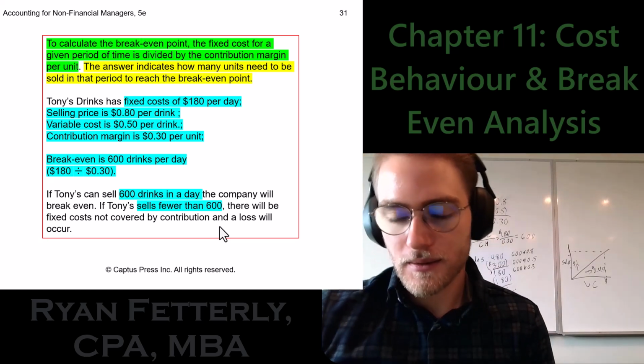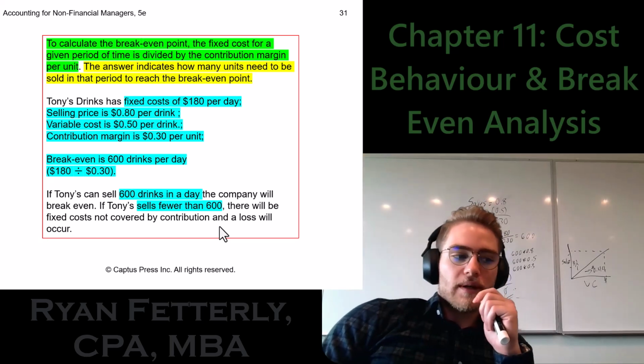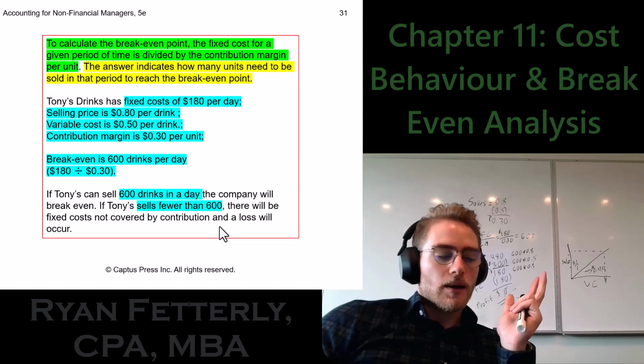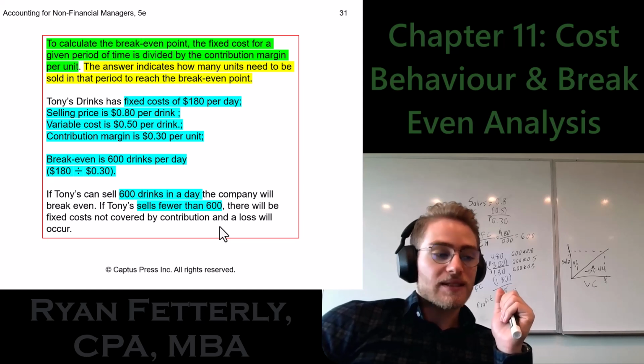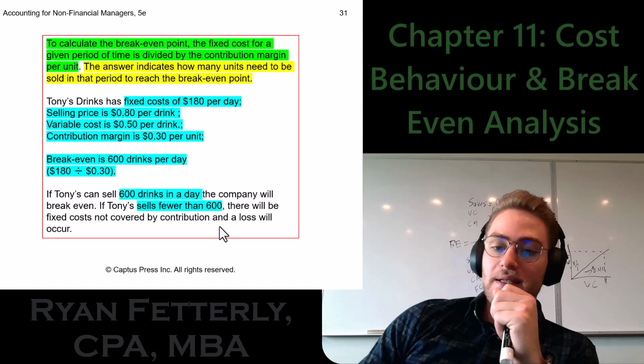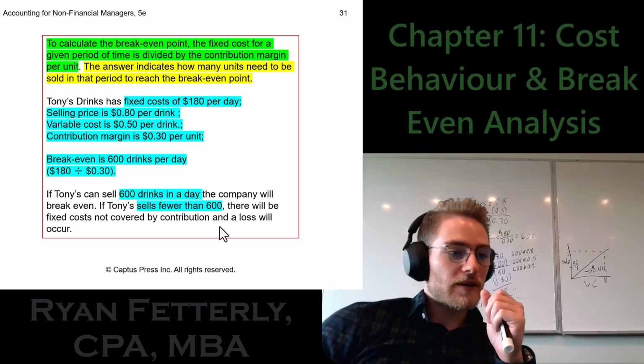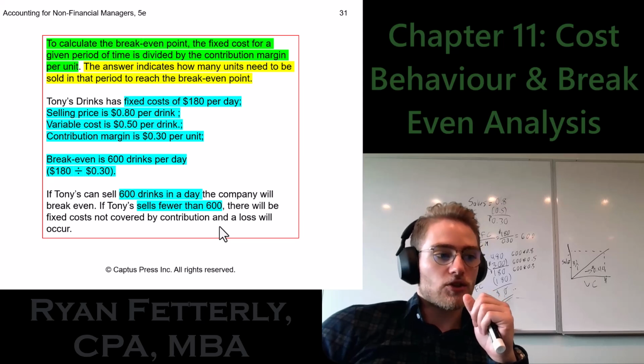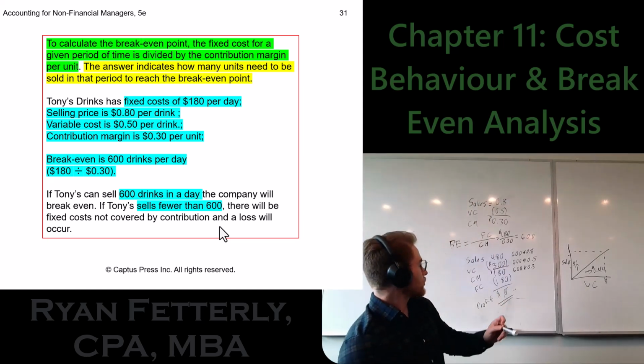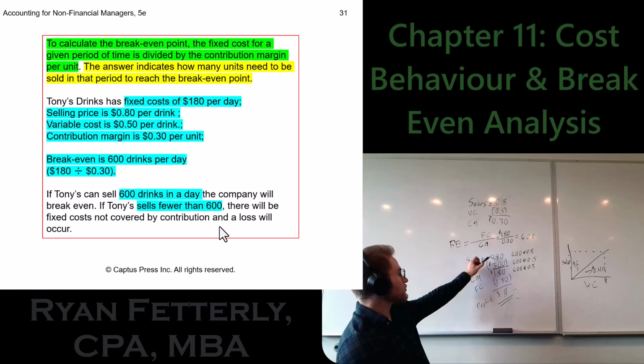All right. So if Tony sells less than 600 drinks, he's going to have a loss on the day. The second he sells more than 600 drinks, right, he's going to have a profit on the day, right? So if Tony sold 601 drinks, his sales would go up by 80 cents to $480.80.